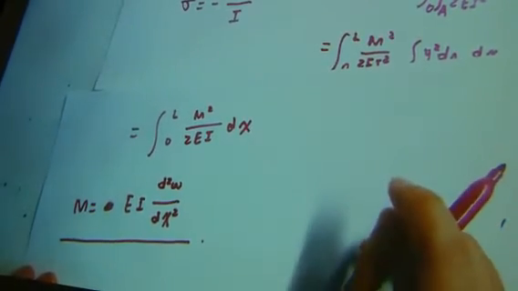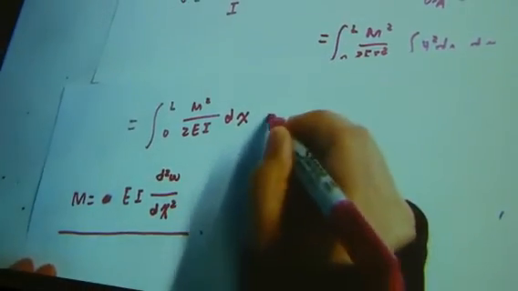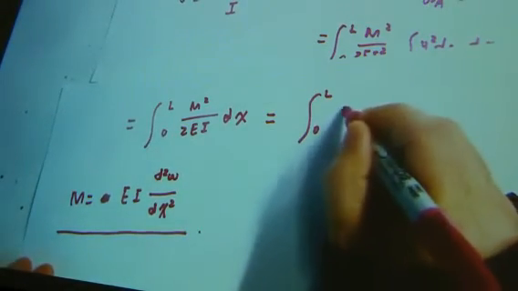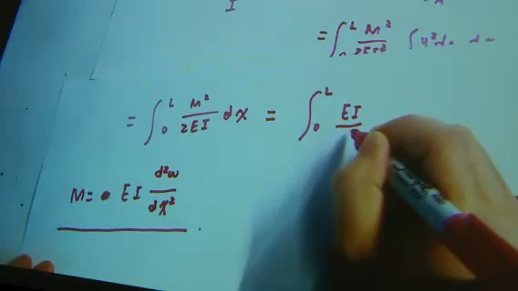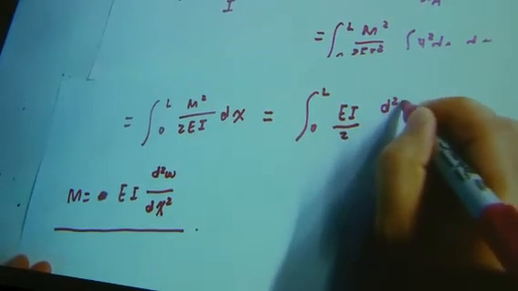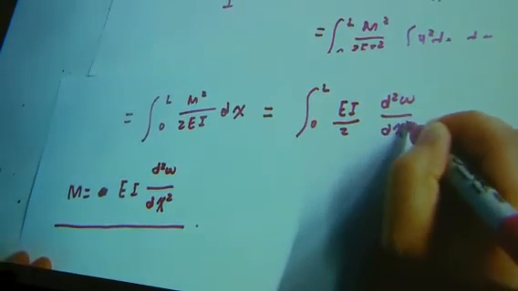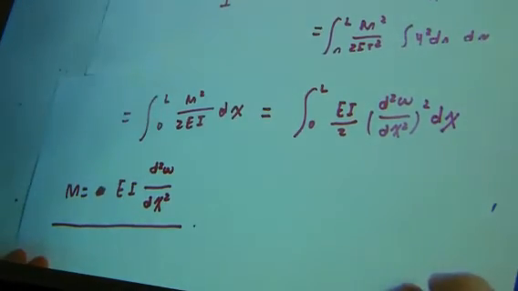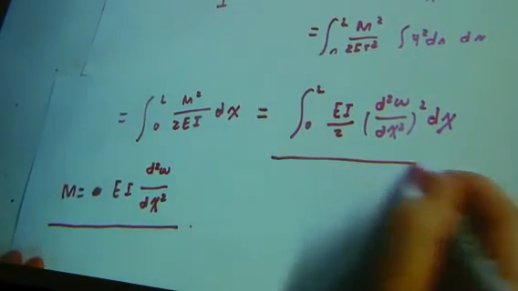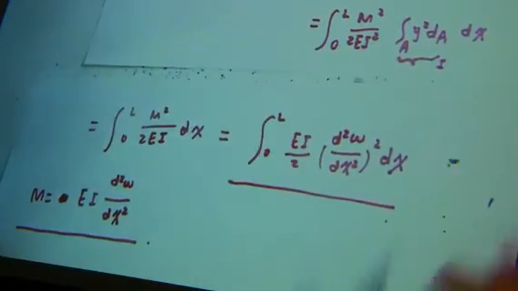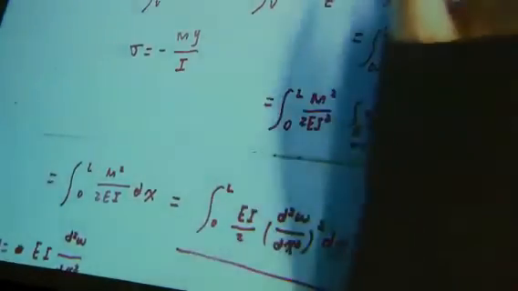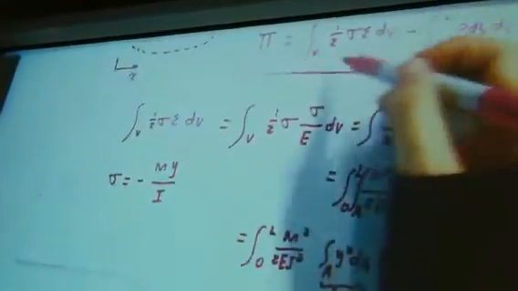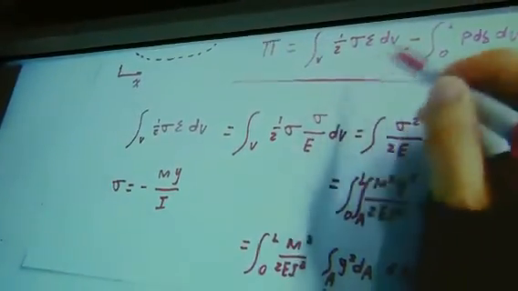So this is M. If we use M in this one, we get integral from 0 to L of EI over 2 times w double prime squared dx. So this is the first term. After here, we finish the derivation of the first term in pi. This is pi. We have two terms. I derived the first term.